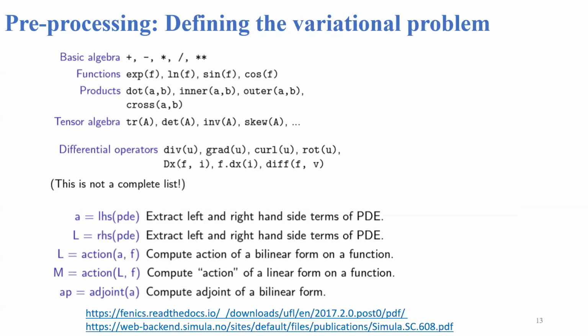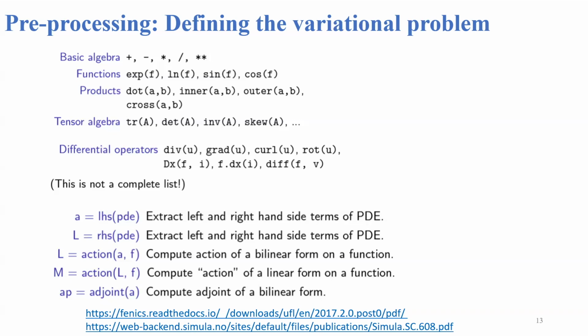It can use basic algebra-based notation such as plus, minus, multiplication, and so on, or power given by double star, or division given by the slash, or functions such as exponential, natural log, sine, cosine, product functions such as a dot product of a and b, inner product, outer product, tensor algebra such as trace, determinant, inverse, and so on, differential operators such as divergence, gradient, curl, rotation, and so on. And this, of course, is not the complete list.